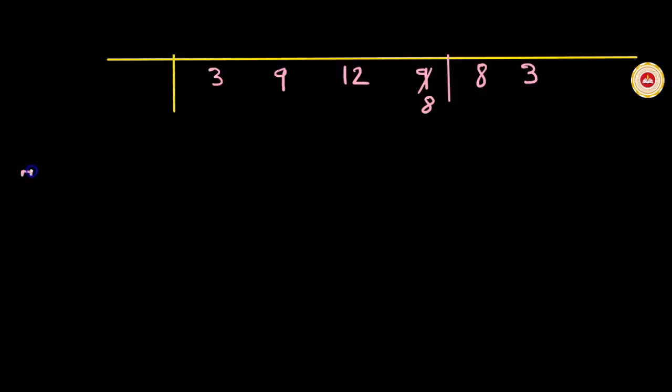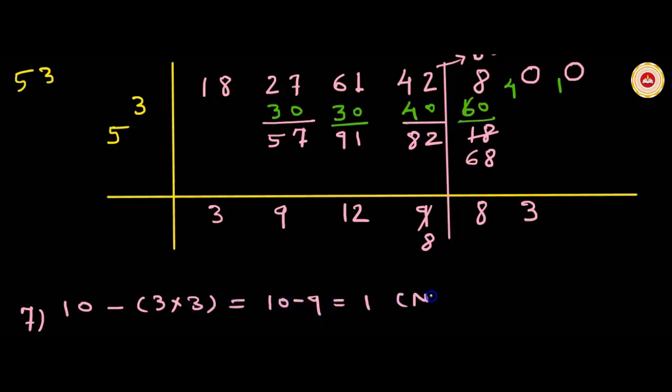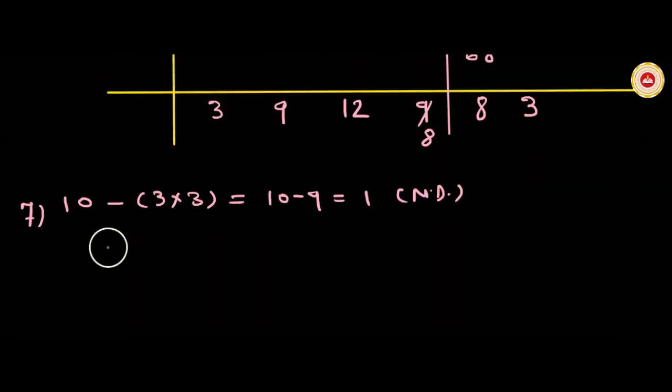Yes, step number 7. What is gross dividend? 10. 10 minus flag digit 3 multiplied by last quotient digit 3, which is equal to 10 minus 9, which is equal to 1. 1 is net dividend and it is positive. So let us divide 1 by divisor 5, which gives you quotient, of course, 0 and remainder 1.